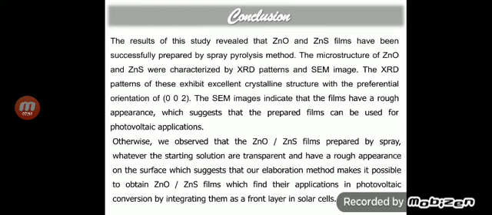Otherwise, we observed that the zinc oxide and zinc sulfide films prepared by spray, whatever the starting solution, are transparent and have a rough appearance on the surface, which suggests that our elaboration method makes it possible to obtain ZnS films, which find their application in photovoltaic conversion by integrating them as a front layer in solar cells.